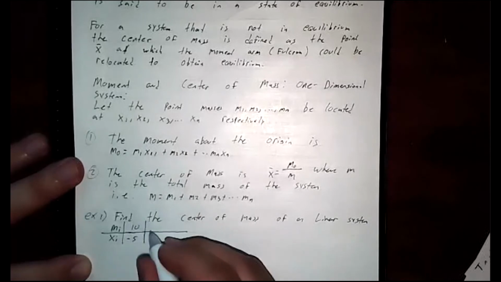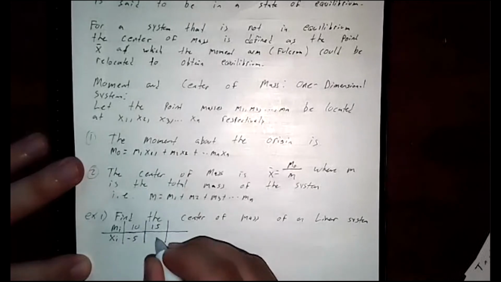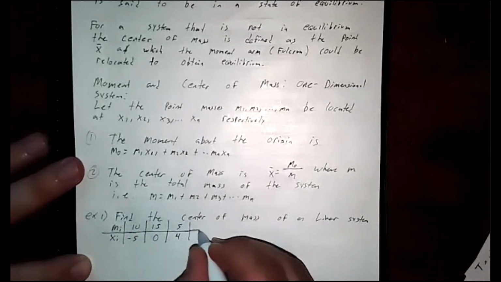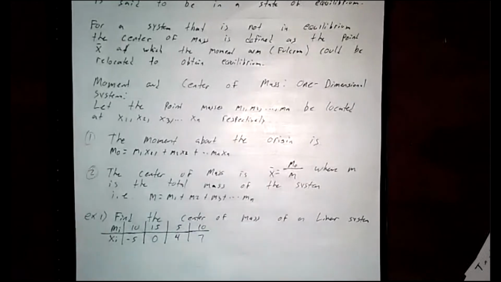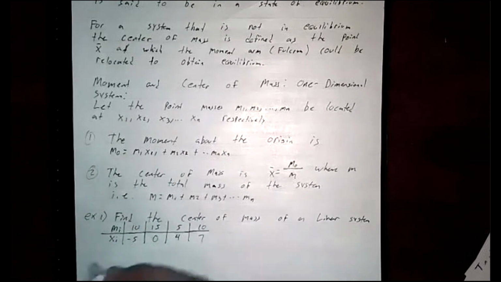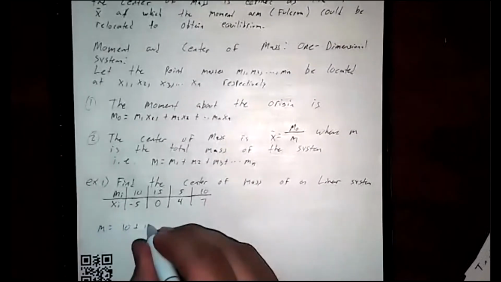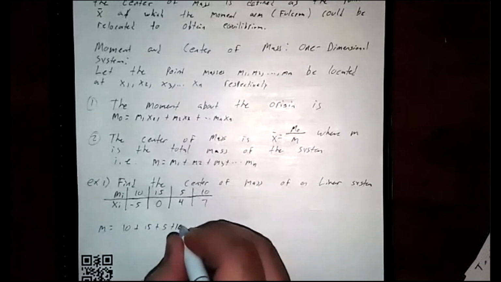So you have 10 and negative 5, 15 and 0, 5 and 4, 10 and 7. The first thing you got to do is get the total mass. So little m will be the summation of all these, which is 15, 5, 20, 10, 40.